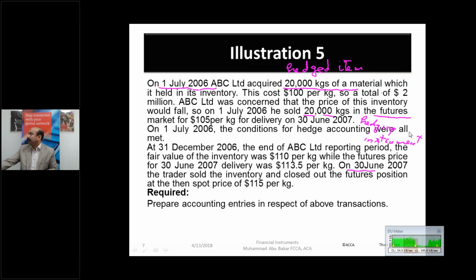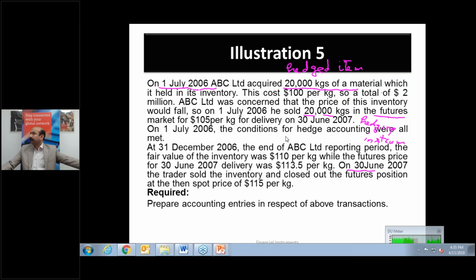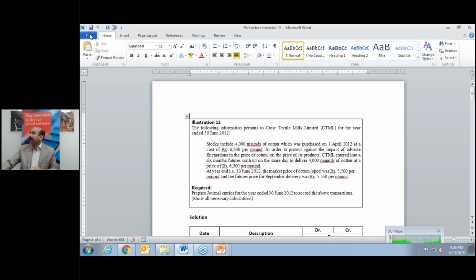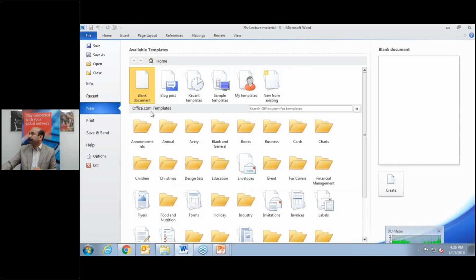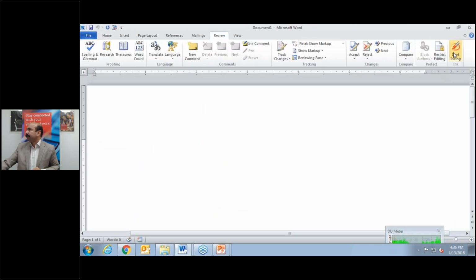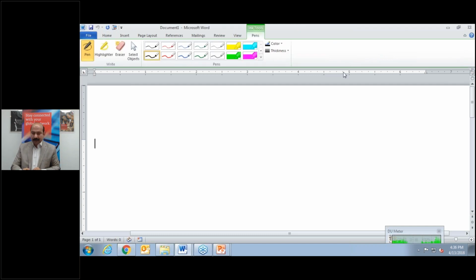We can go to a Word document, an empty Word document, and you entered into a future contract at what rate? We can draw two markets side by side over here so that we can discuss both at the same time.